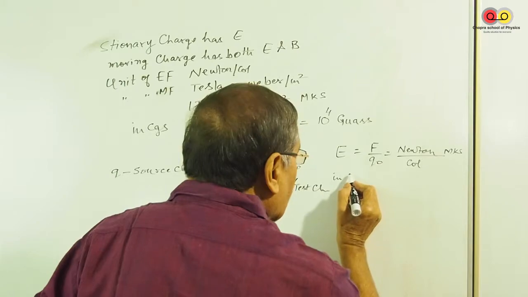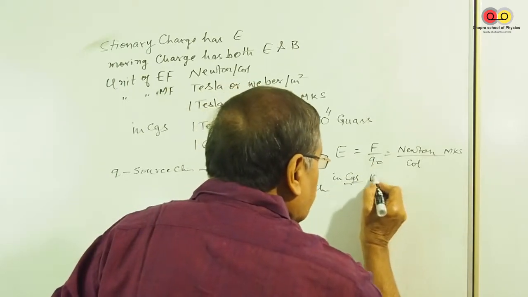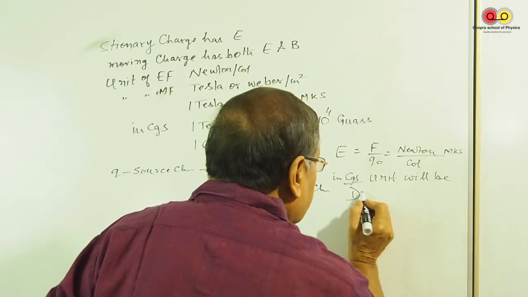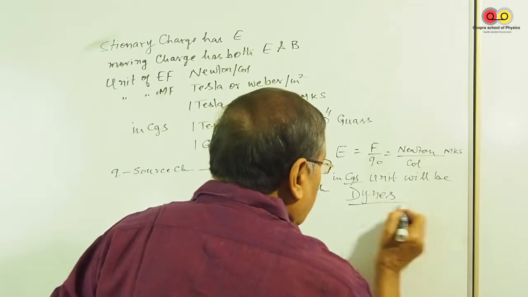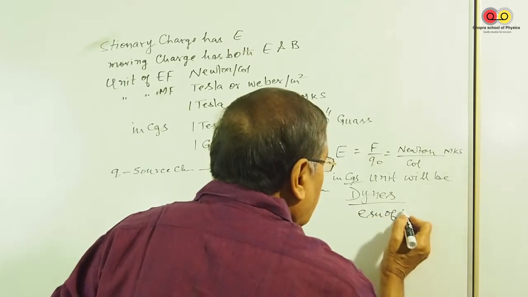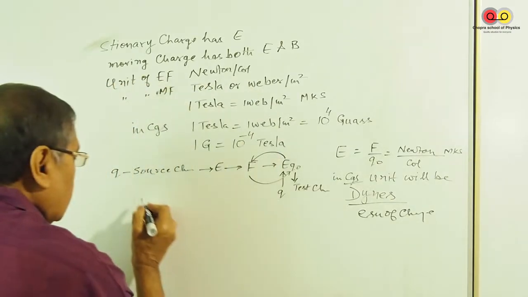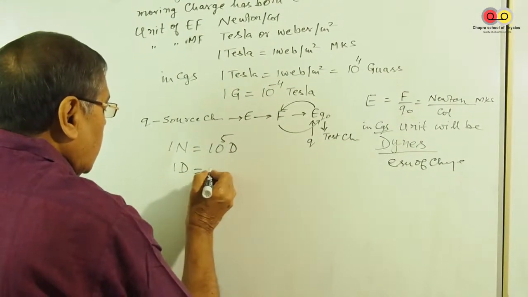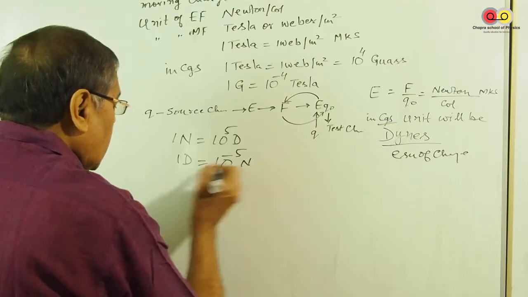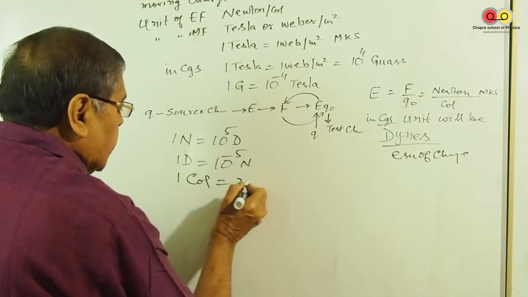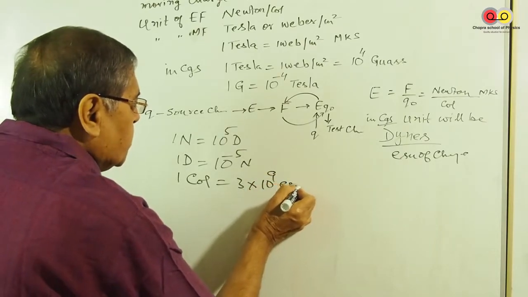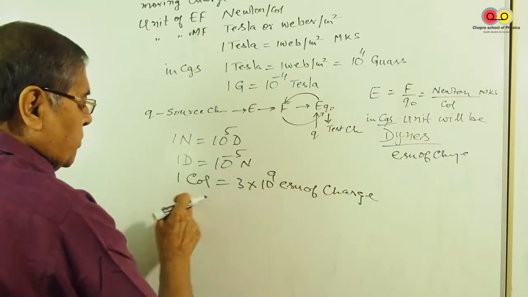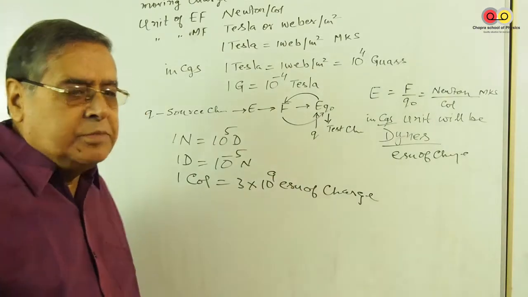In CGS, the unit will be dynes over electrostatic unit of charge. 1 Newton is 10 to the power 5 dynes. 1 dyne is 10 to the power minus 5 newtons. 1 Coulomb is 3 into 10 to the power 9 ESU of charge, and you can estimate 1 ESU from this equation, and that will be the nearest approximation.